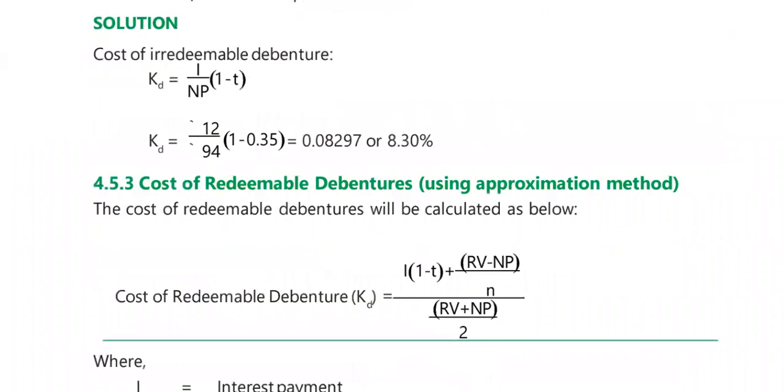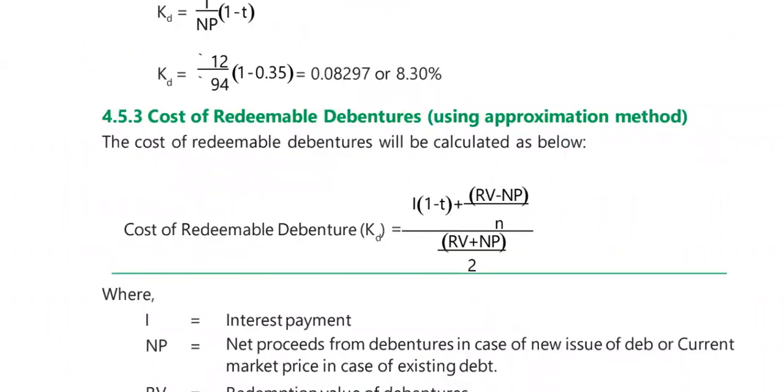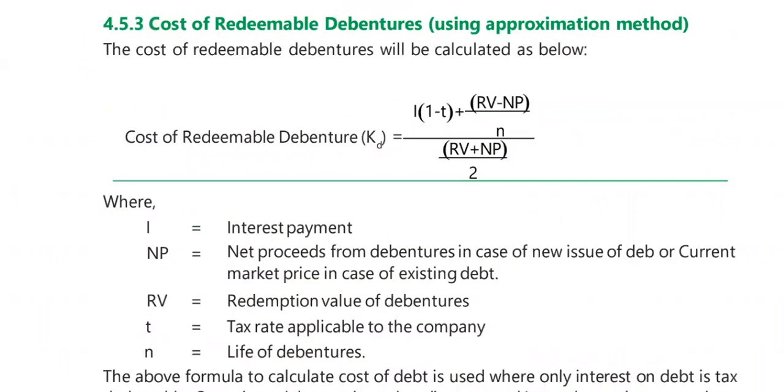The formula for cost of redeemable debenture, denoted as KD, is equal to I into bracket 1 minus T plus RV minus NP divided by N, whole divided by RV plus NP divided by 2. This formula is applicable when redeemable debenture is given in the problem, where I is the interest payment.